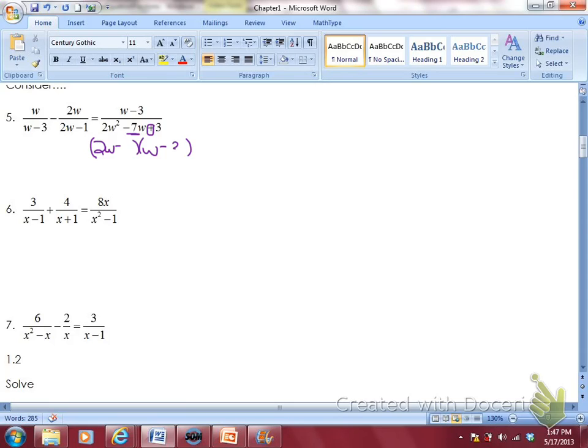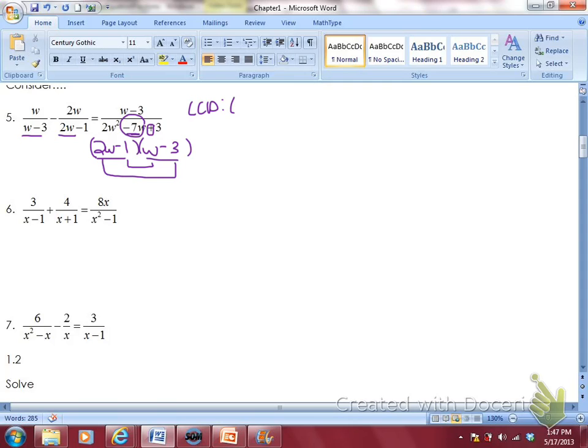And then we need a 3 and a 1. Notice that the inner multiplication is a negative w and the outer is negative 6w, which adds up to that negative 7w.